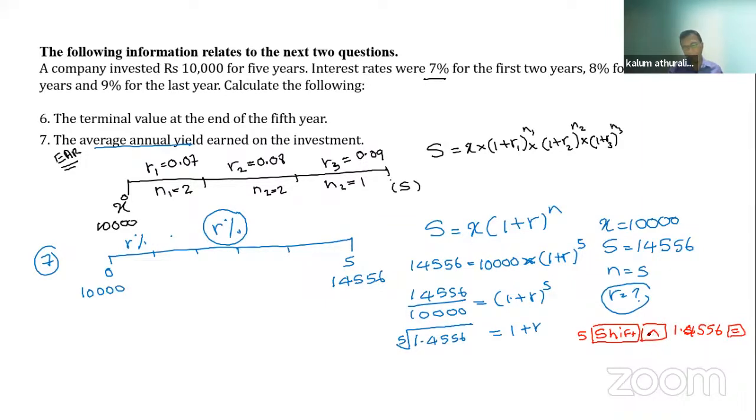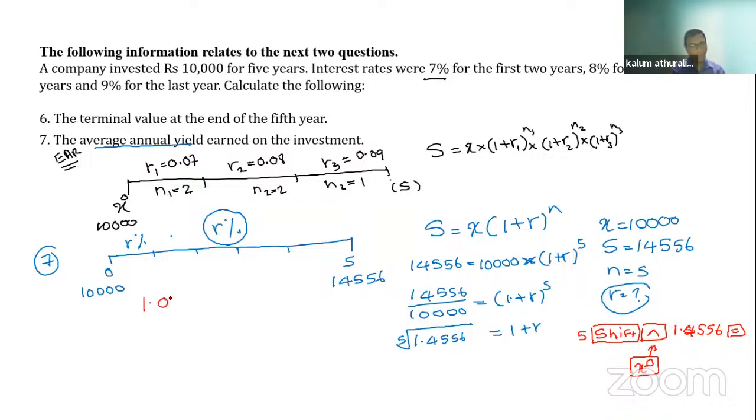If you have a different calculator, you have this button. You have other types of calculators, you can see a button like this. Answer is, you can write the answer to 4 decimal places.